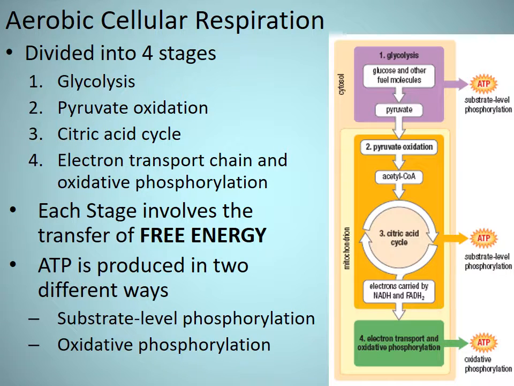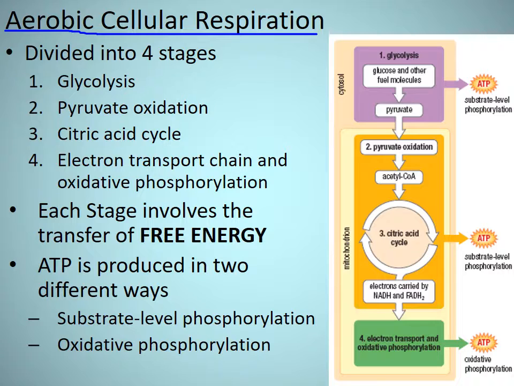What we're going to talk about right now, we will discuss aerobic cellular respiration and anaerobic cellular respiration. The difference between the two is whether oxygen is present in a cell. If there is oxygen present in a cell, the aerobic cellular respiration pathway will take place. If there isn't oxygen present in the cell, then there's an anaerobic pathway, and we will discuss that later.